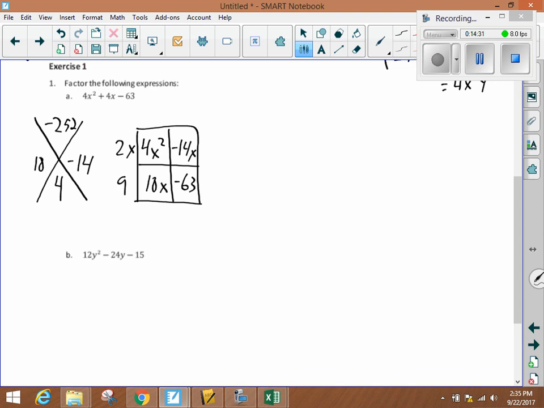The greatest common factor of 4x squared and 18x is going to be 2x. And the greatest common factor of negative 14x and 63 is going to be negative 7. So then this factors to 2x minus 7 times 2x plus 9.